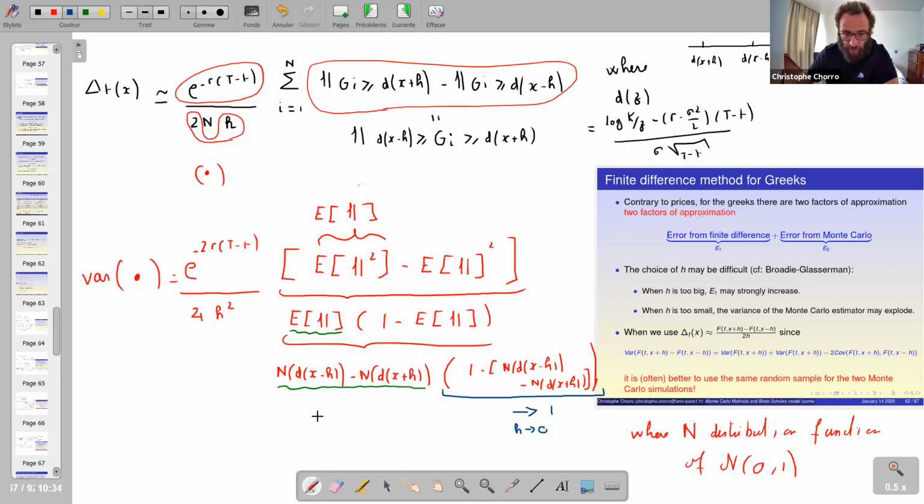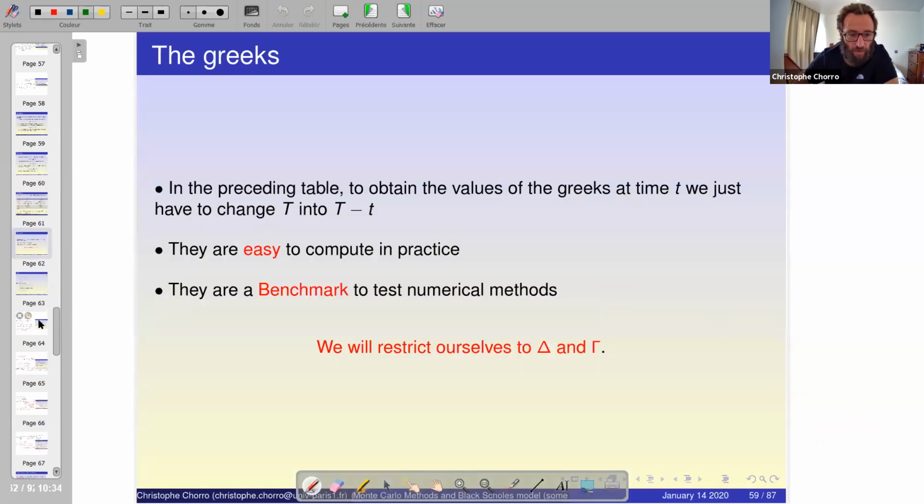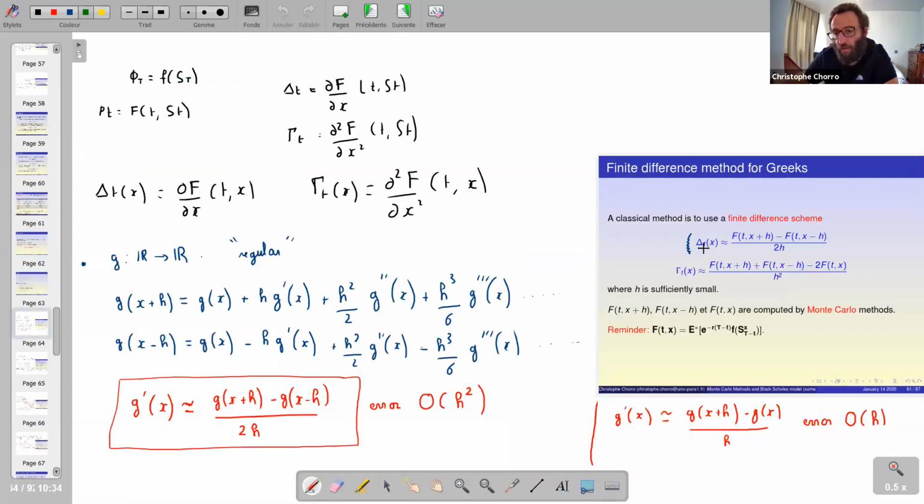What happened for this one? According to what I have said previously, so keep in mind what I have written here: a derivative may be approximated this way.